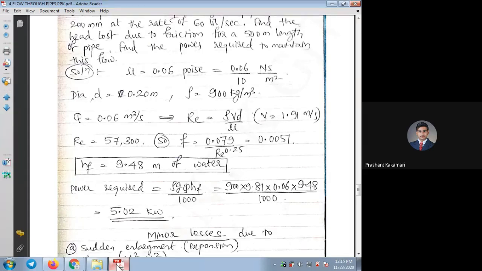So the minimum power from the pump, or the minimum power possible from the natural flow from the high head to low head, that power required is around 5.02. So the minimum requirement is 5.02 kilowatt to maintain this discharge. If it is above this power, you can maintain more discharge. So the minimum required power is 5.02 kilowatt.